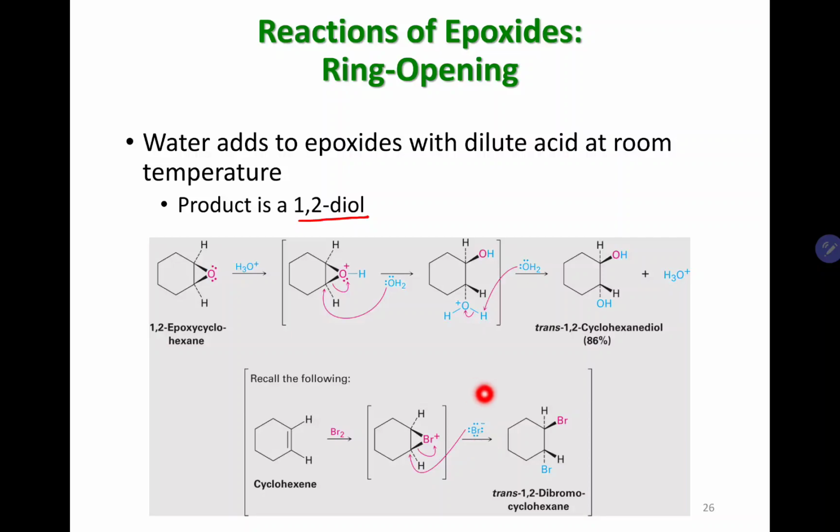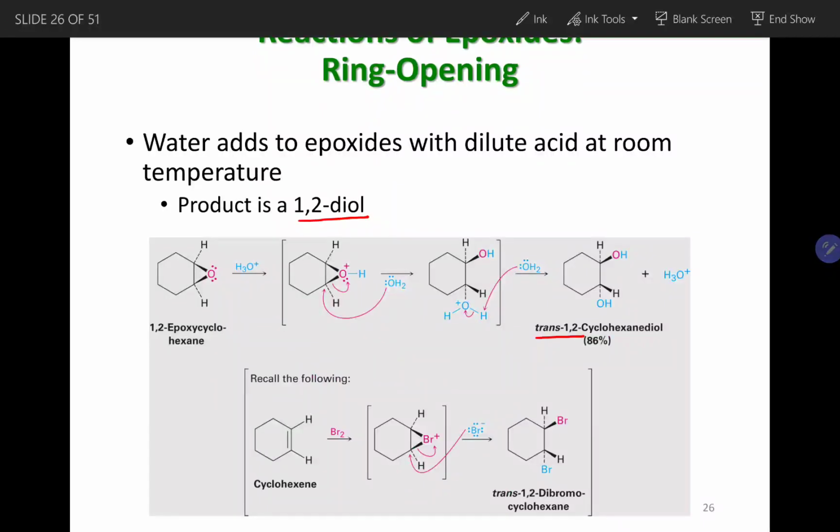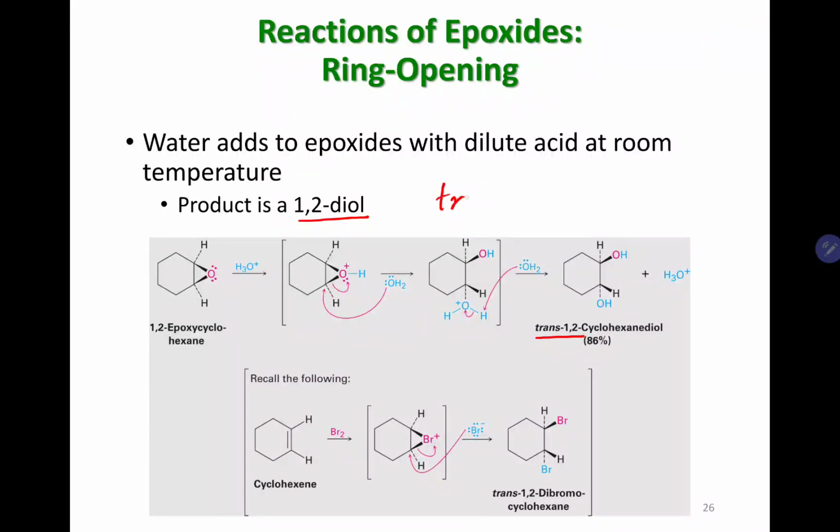So by using a dilute acid you can obtain a trans 1,2 diol. If you ever need to generate a trans 1,2 diol, this will be the reaction that you will use.